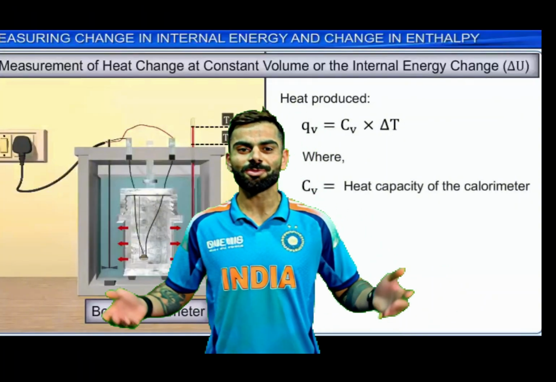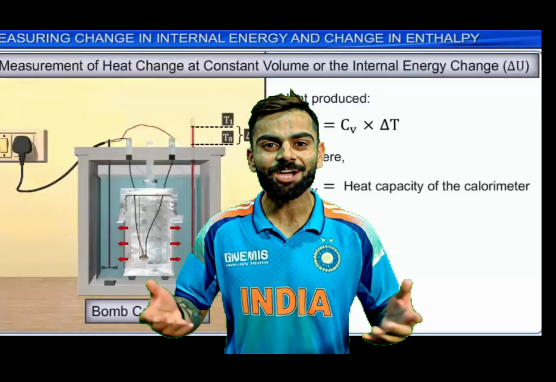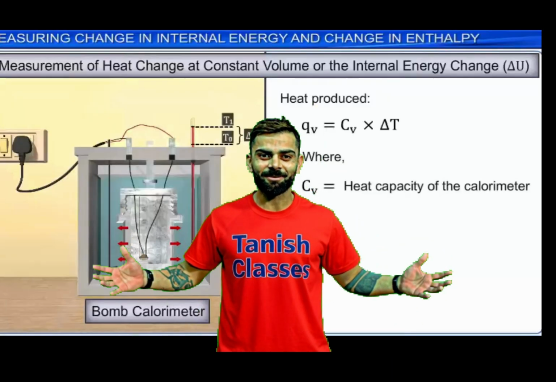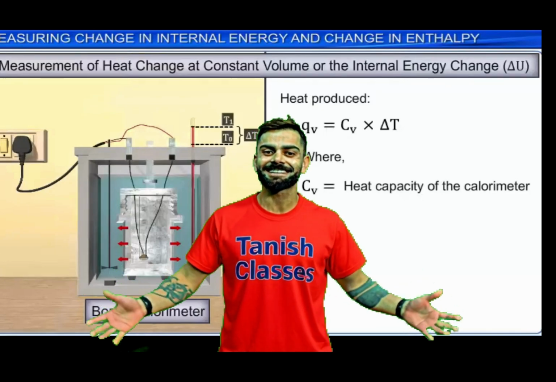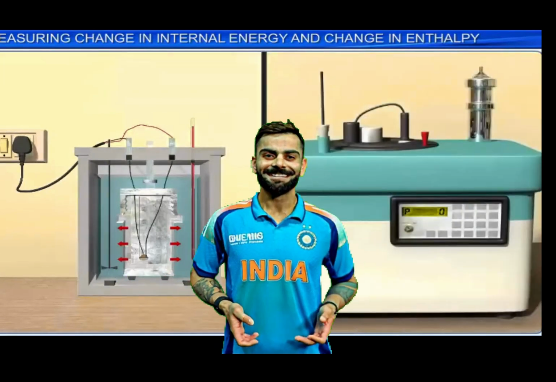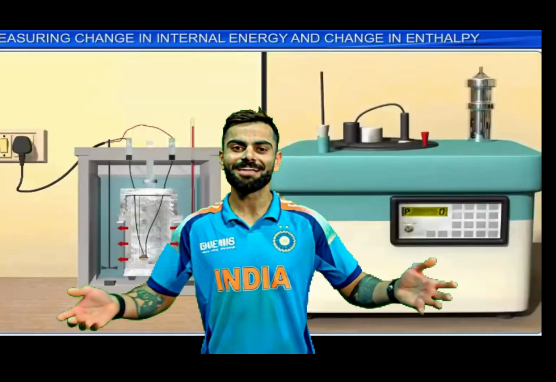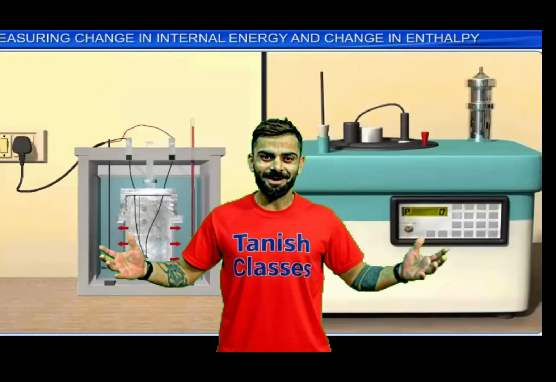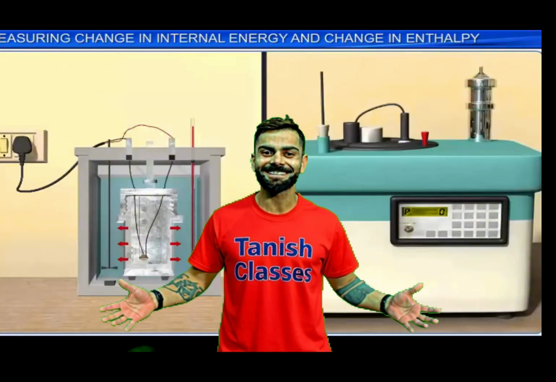The measure of a bomb calorimeter's heat absorbing property is called its heat capacity. Each bomb calorimeter differs from all others in its ability to absorb or release heat. The heat capacity of each bomb calorimeter is determined experimentally.